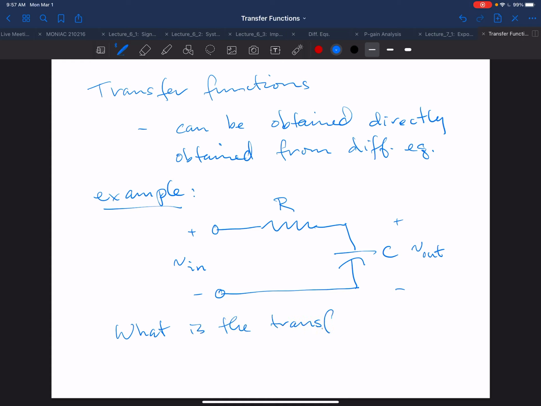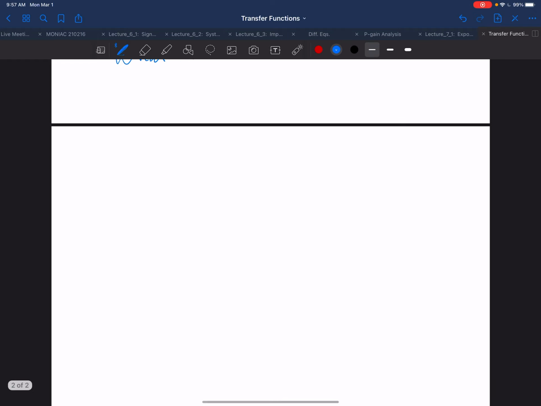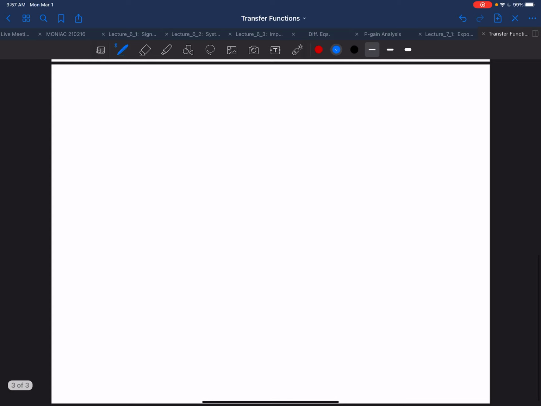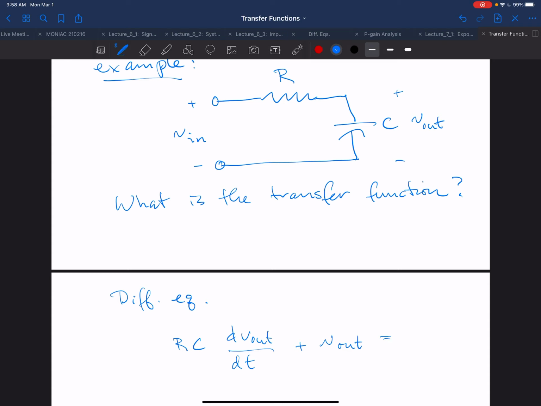Well, we can do exactly the sort of thing we were doing when we were solving differential equations. The differential equation in this case, from circuit analysis, is RC times dV out by dt plus V out equals V in.